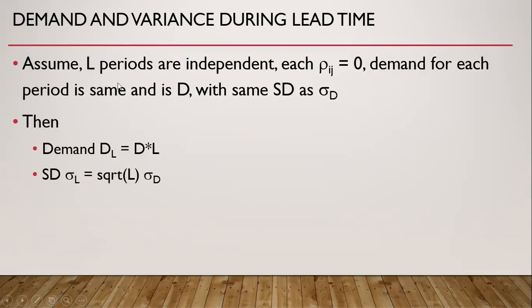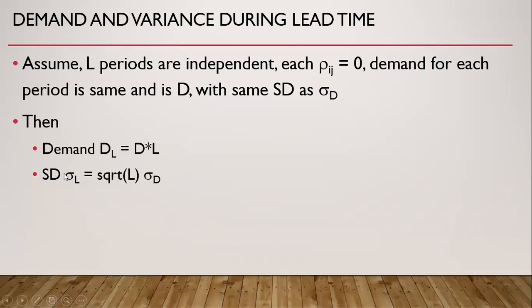So let us assume that the L periods are independent, so the correlation factor is 0 and demand for each period is the same, written as D, and the standard deviation is also the same, written as sigma_D. So demand during lead time is demand during a particular period multiplied by the number of periods included in lead time.